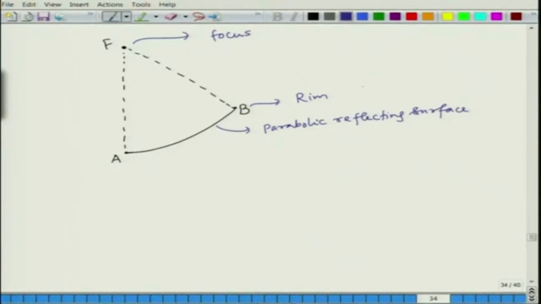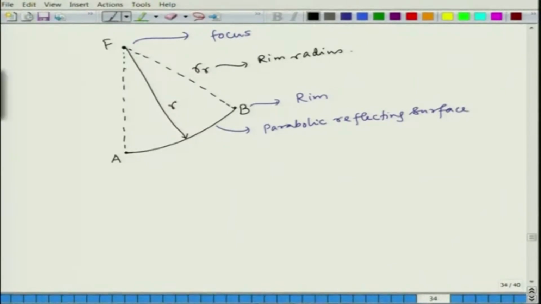So, this is the rim, and the radius at the rim is called RR, that means rim radius. Okay. At any other point you can draw a radius R, and that R is changing depending on where you are on the parabola.